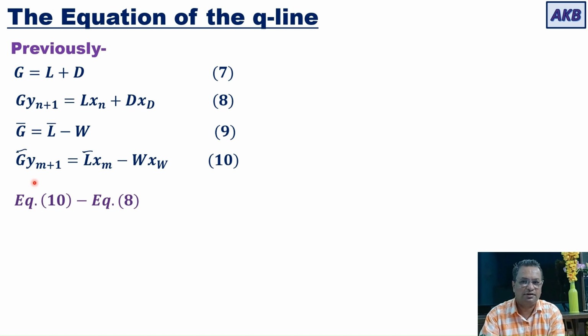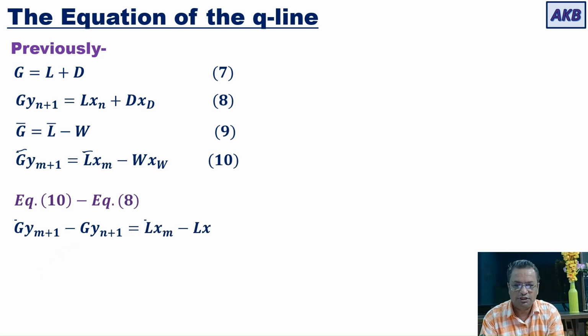Right hand side terms will be subtracted and left hand side terms will be subtracted. So for equation 10, you have G bar into Ym plus 1 minus G into Yn plus 1 on the left hand side, since the two equations are subtracted.